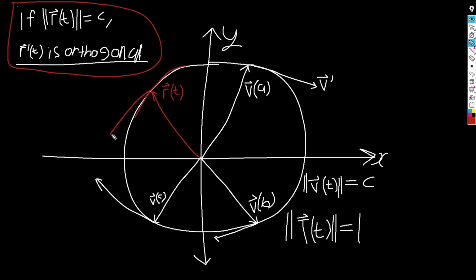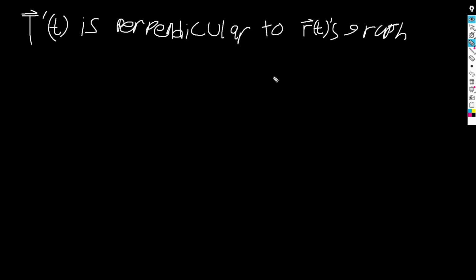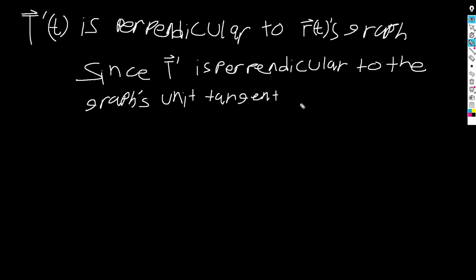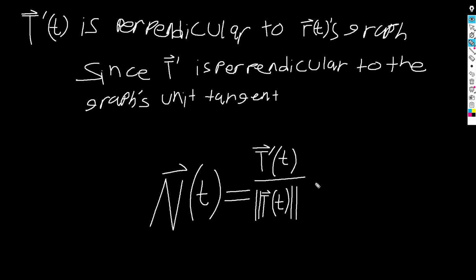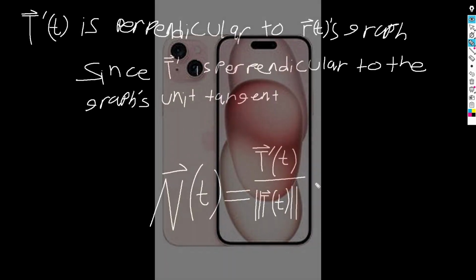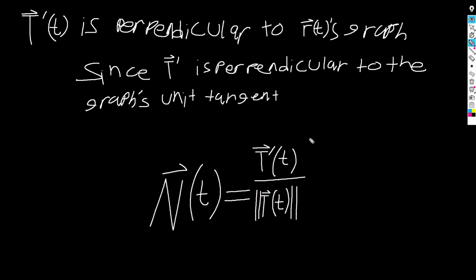And this makes it so that its derivative is perpendicular, as we can see from this circle example. So now we know that T prime of t is perpendicular to T, the graph's unit tangent. And this allows us to make a new vector, which is called the unit normal, and is just a normalized version of the unit tangent's derivative.